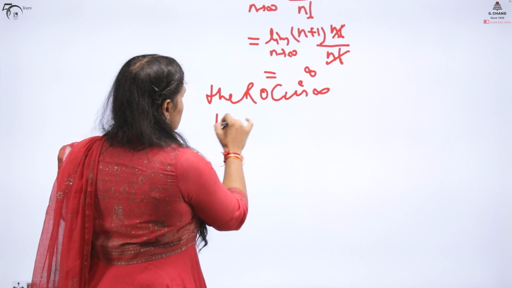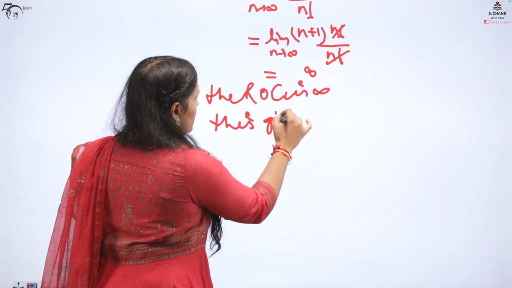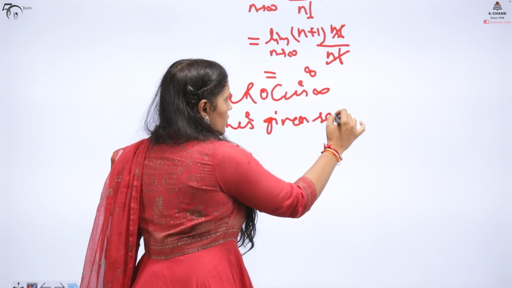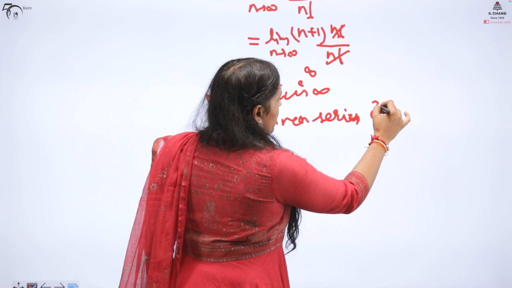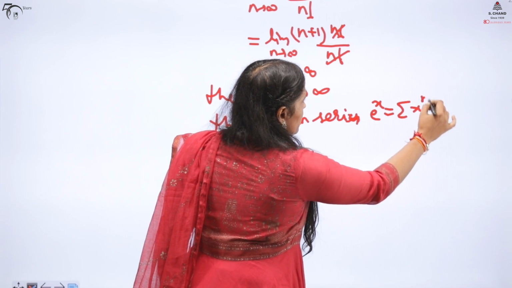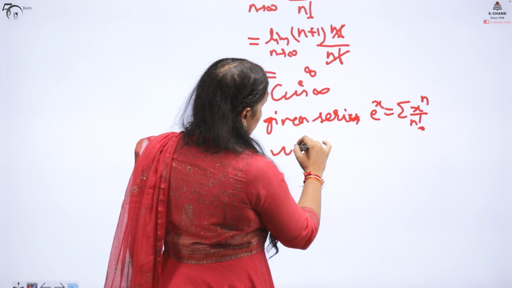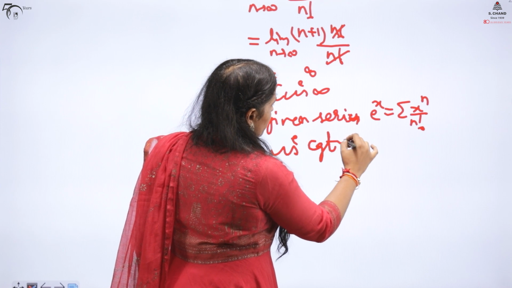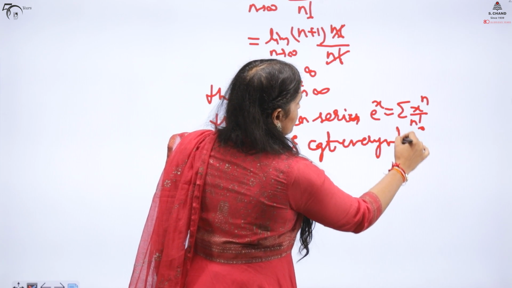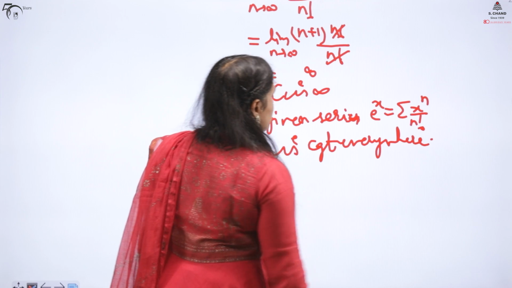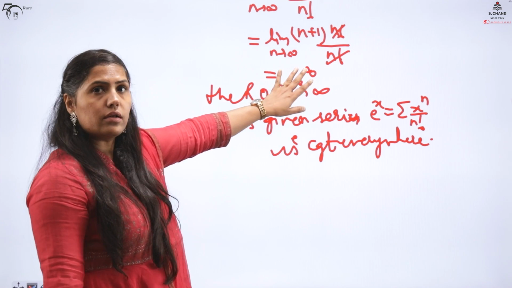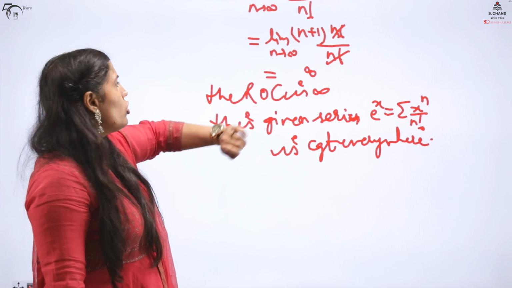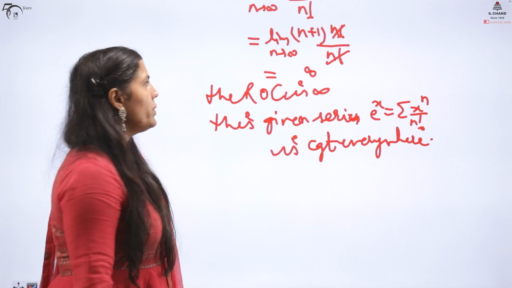It means the given series e to the power x equal to summation xn upon n factorial is convergent everywhere. So this is an example of a series converging everywhere, because the radius of convergence comes out to be infinity.